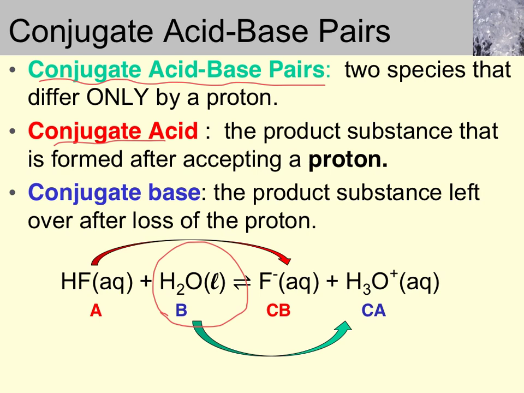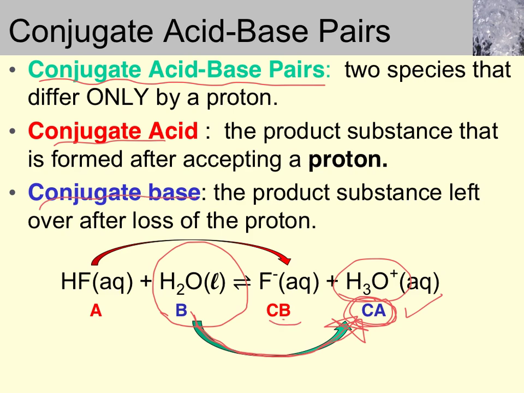So let's look at the reaction while I say that again. A conjugate acid is what is formed when the base accepts a proton. Okay? So this hydronium ion in this reaction is a conjugate acid. Conjugate acid always comes from the original base.